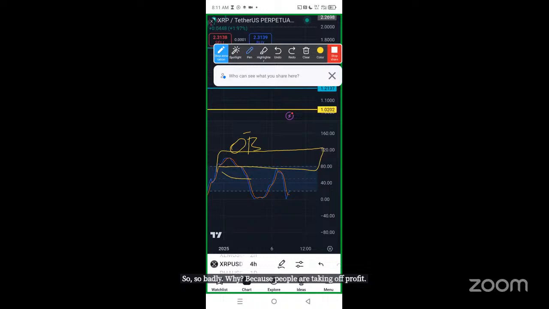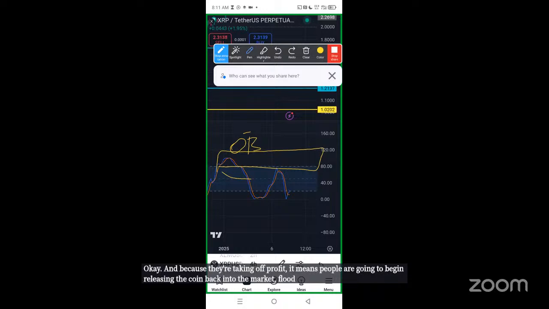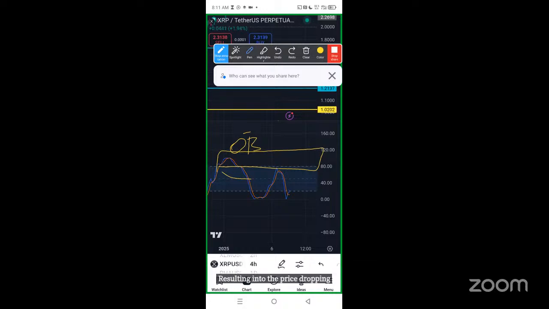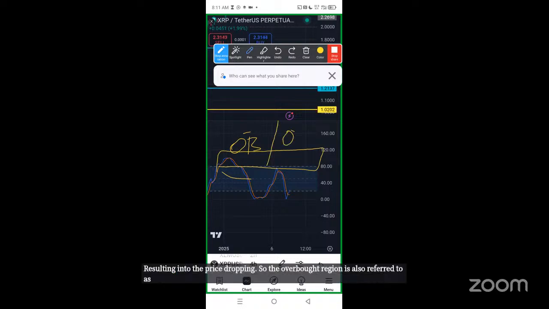And because they are taking off profit, it means people are going to begin releasing the coin back into the market, flooding the market with the same coin, resulting in the price dropping. So the overbought region is also referred to as the supply zone. Supply zone.